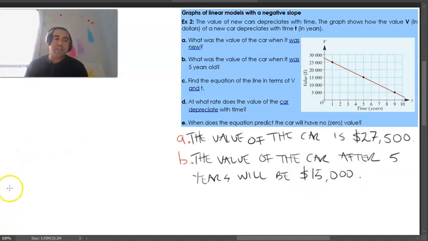Now, realistically, when car prices depreciate, they don't depreciate in a nice linear fashion. They tend to depreciate faster and faster as time goes on. So the older the car, the more likely it's going to depreciate down in price.